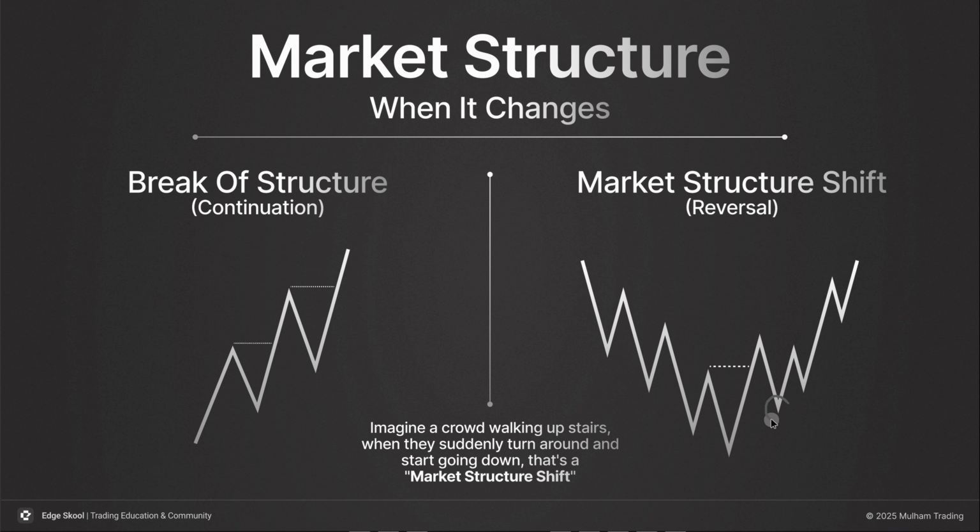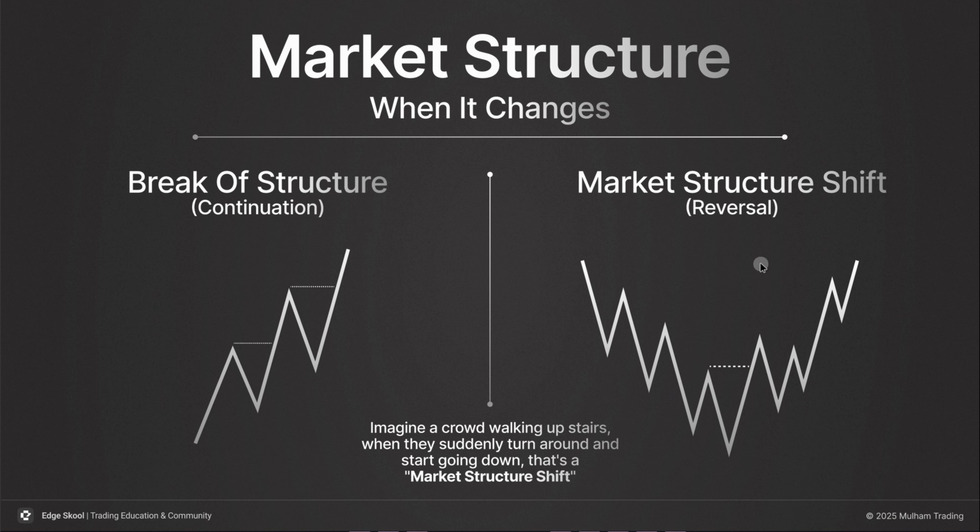And you see here, instead of creating a lower low, we actually created a higher low and then we break the high. That is a market structure shift. If we want to keep it simple, it's the break of the last low in the structure or the last high. So you see this high here, we take the low, we take the high and we break above it. This is a market structure shift.